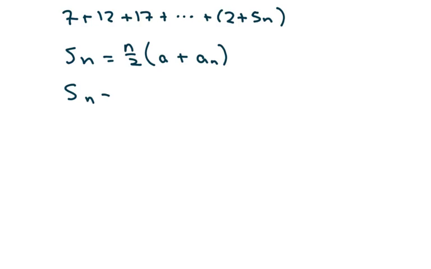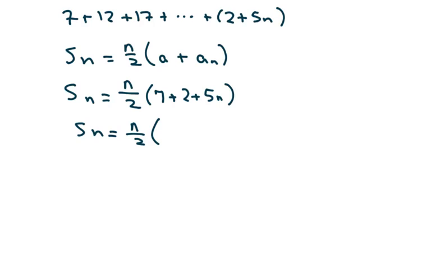So S of n equals n over 2 times 7 plus 2 plus 5n. So S of n equals n over 2 times 5n plus 9. Alright? Did I do that right?